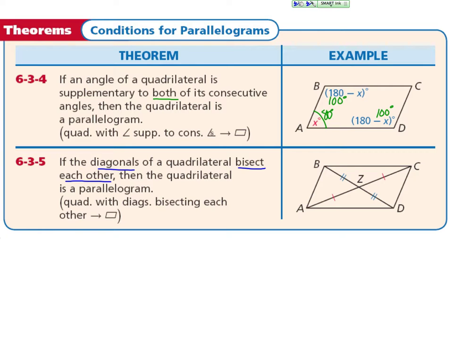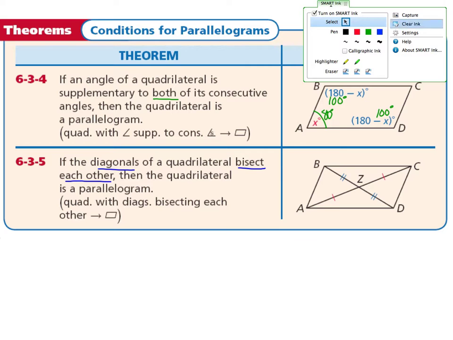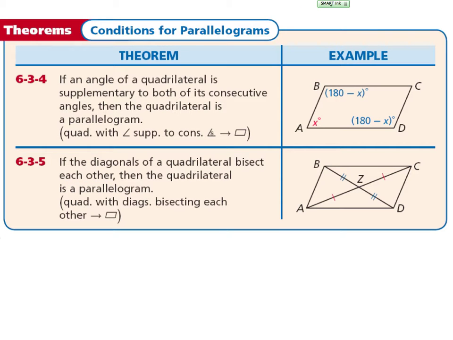Definition of a parallelogram was what? If you don't remember, flip back. Definition of a parallelogram. Where does it give the name parallelogram? Is that definition on the second section, maybe? 6.2. Parallelogram is?